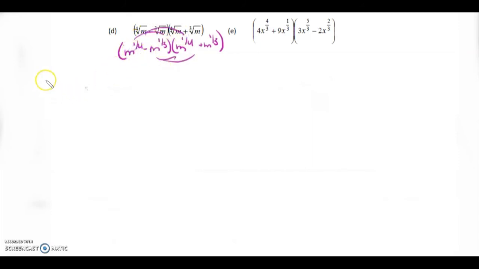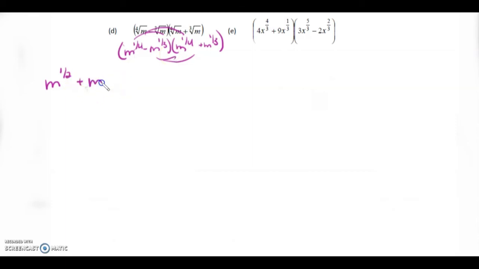A quarter plus a quarter, we're going to get m to the 1/2. And then we're going to get plus m to the 1/4, oh, we can actually multiply that, that's fine. M to the quarter times m to the 1/3. So what's a quarter plus a third? 7/12.